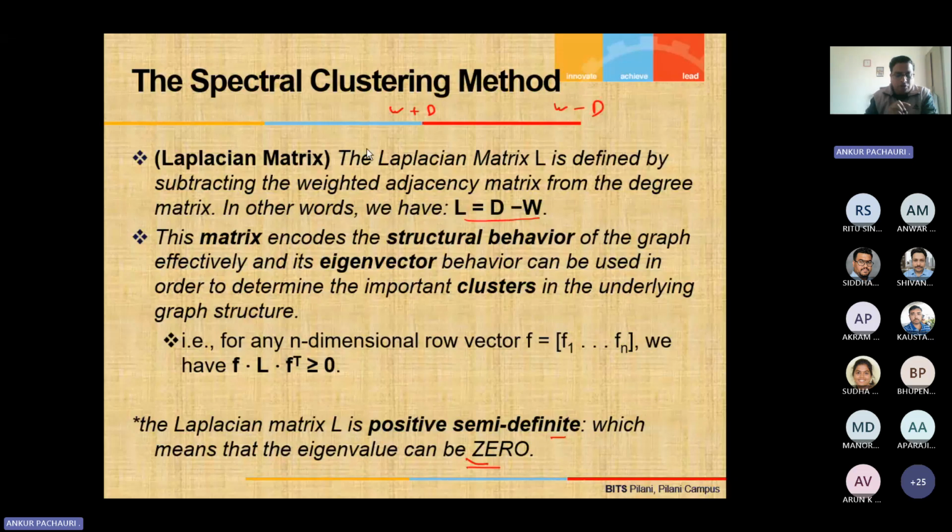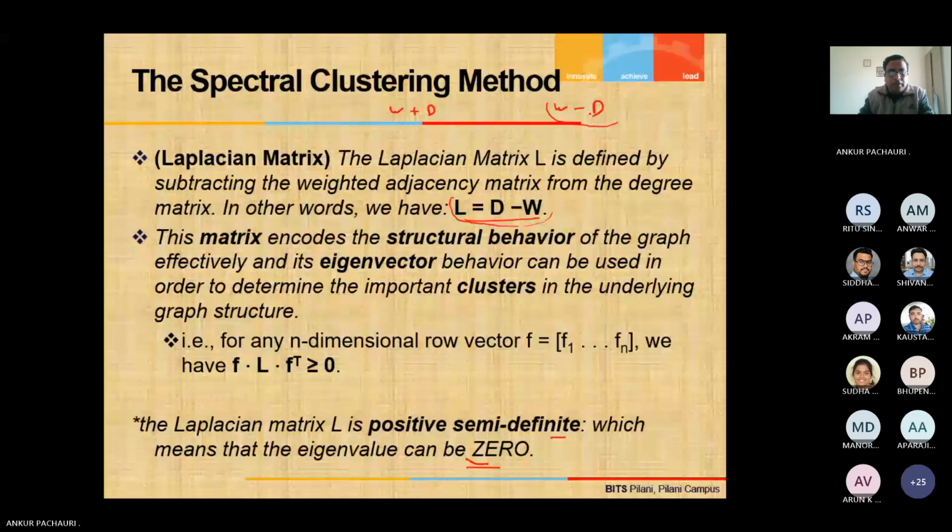Okay, now, first of all, the first obvious answer is whoever defined it might have thought in that way. The other way is, in this case, if my matrix would have been W minus D, then the degree of each node, meaning this diagonal matrix, will be negative.